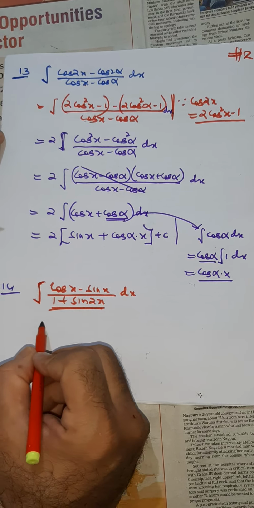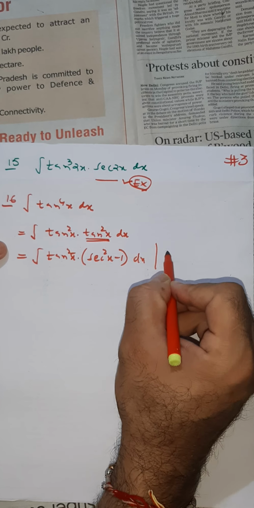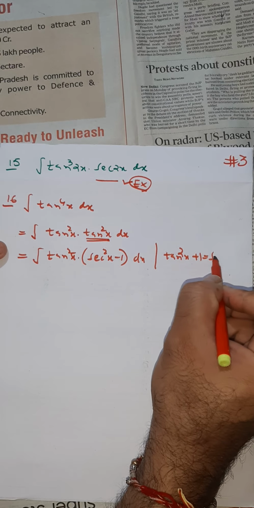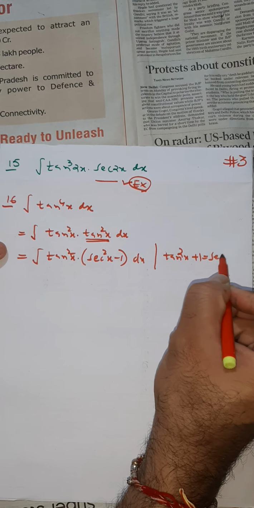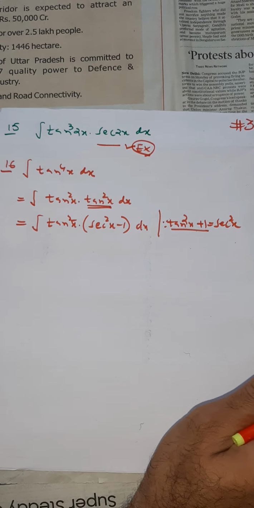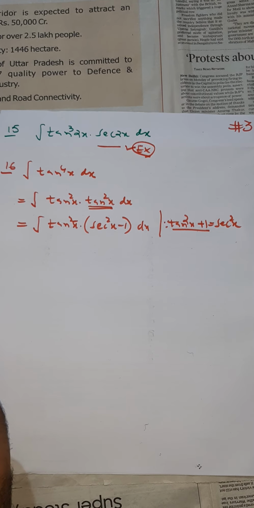Now you keep one tan square as it is, and instead of the other tan square you write sec square x minus 1. Always when you have tan square in integration, we use the identity 1 plus tan square equals sec square. We already used this earlier and I mentioned this. Tan square is always replaced by this in integration.